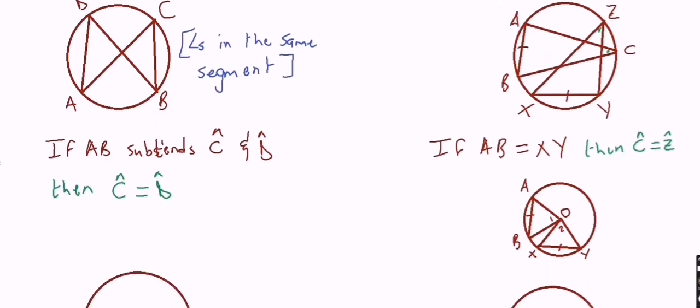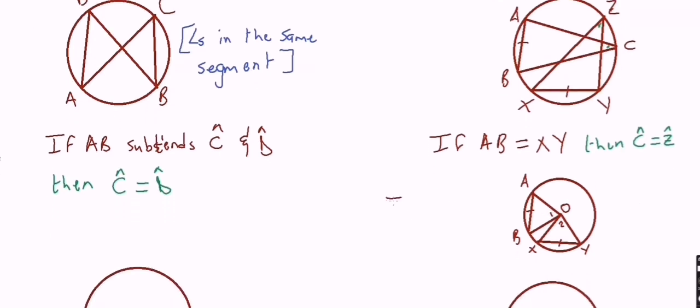So I will just say if AB is equal to XY, then O1 equals O2. I'll just put a symbol there to show that, right?